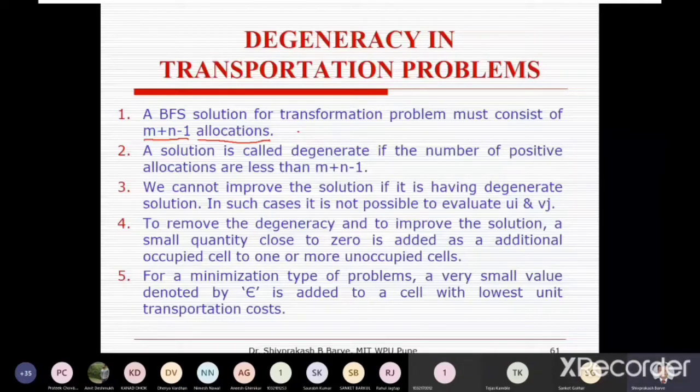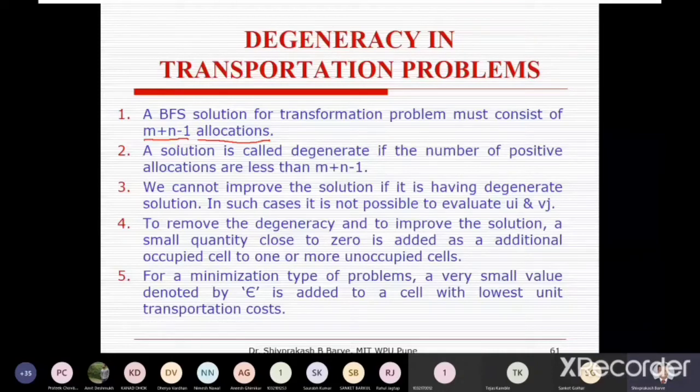So this allocation must be equal to m plus n minus 1, where m is the number of rows and n is the number of columns. If it is a 3 by 3 matrix, 3 plus 3 minus 1, so allocations must be 5.